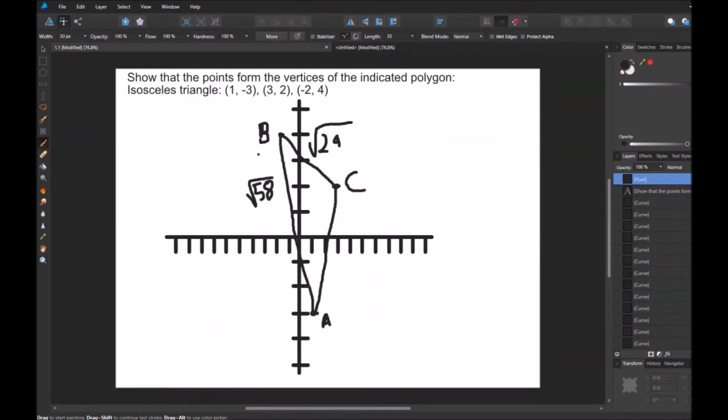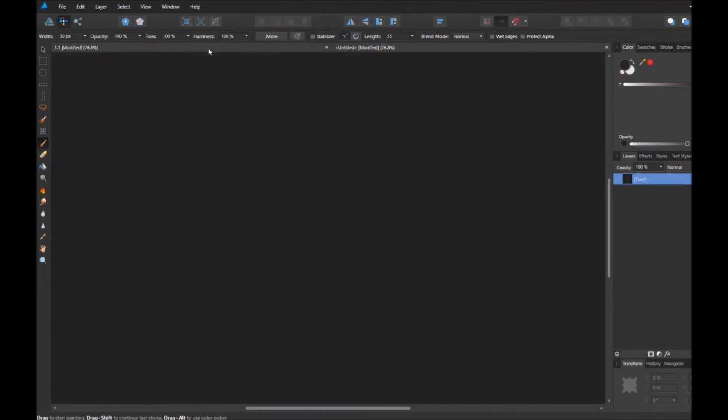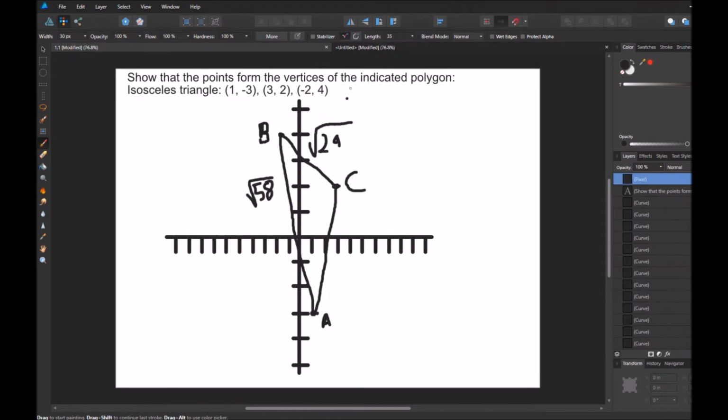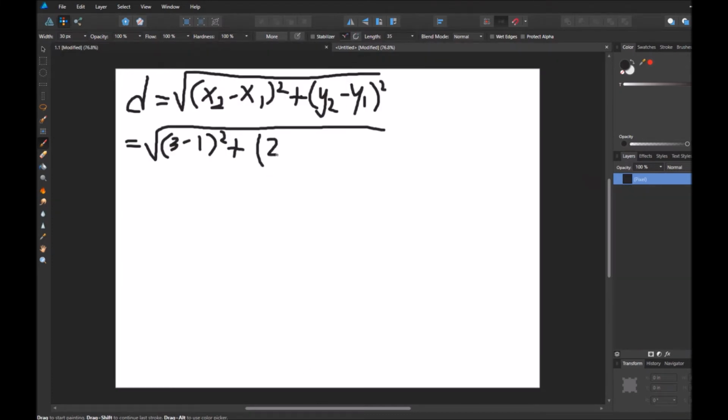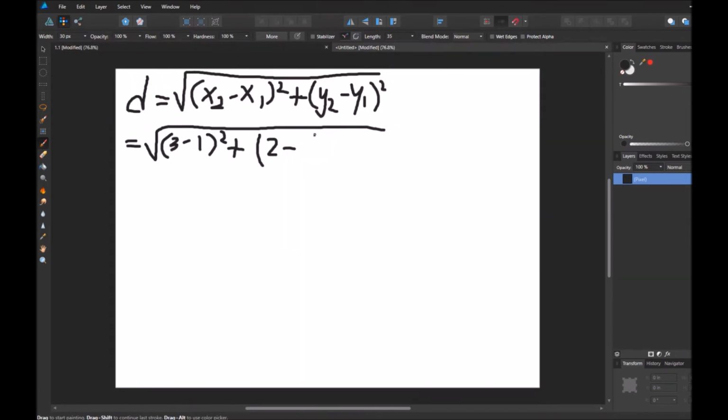And then our x1 will be 1. That's going to be squared. And then our y2 is going to be 2, and our y1 is going to be -3. And that's going to be squared.